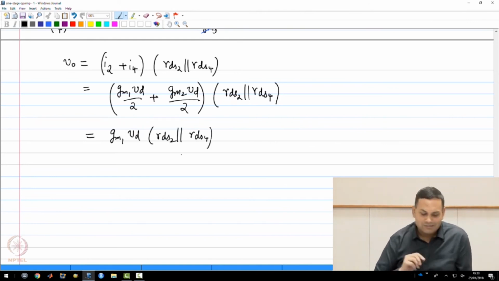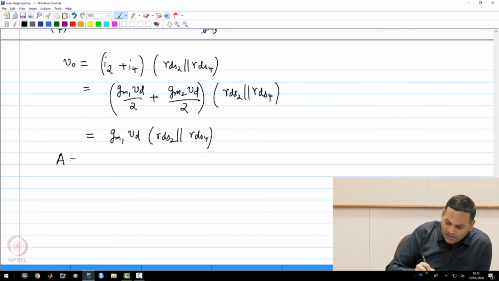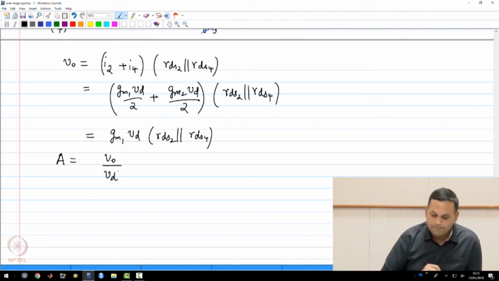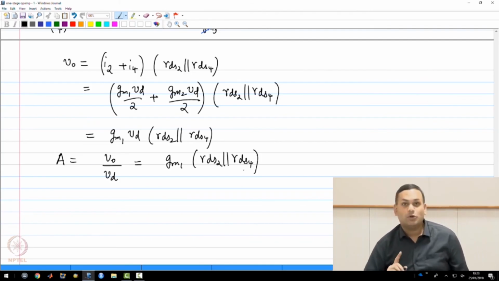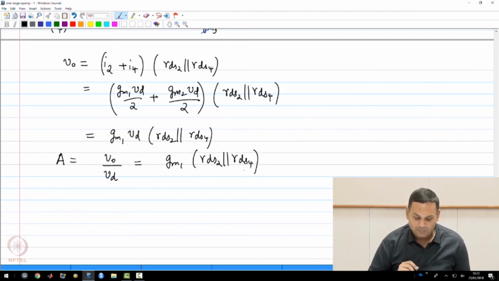Now this tells me that the gain of the amplifier, Vo by Vd, is nothing but Gm1 into RDS2 parallel RDS4 with a positive sign. This does not have a negative sign anymore.